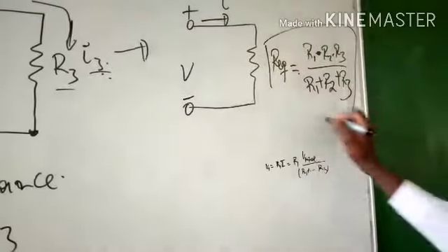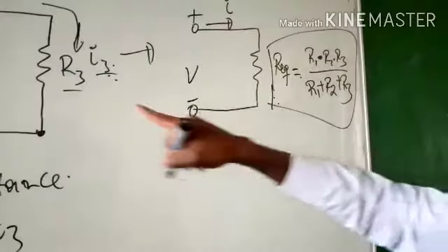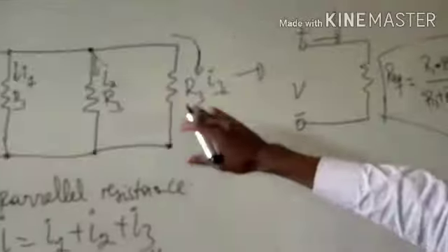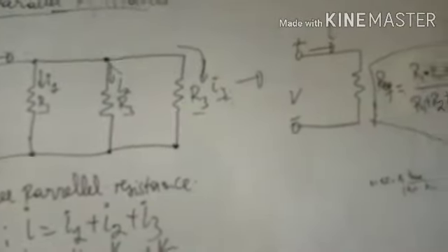This is the general formula for R equivalent with resistances in parallel.